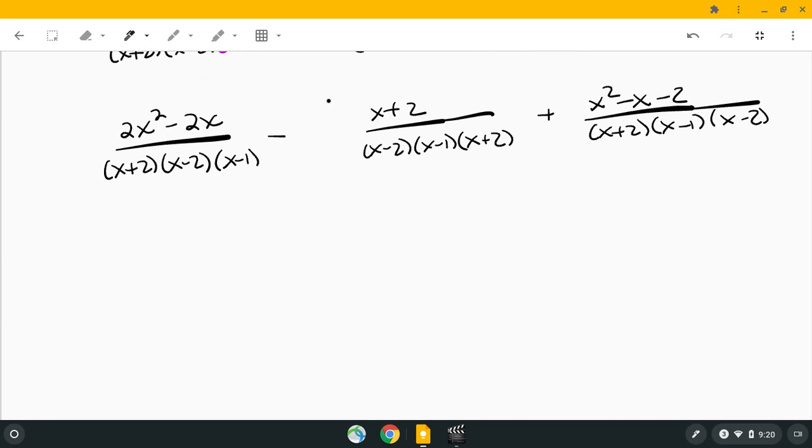All right, so let's go ahead and combine like terms. 2x squared plus x squared. 2x squared plus x squared is 3x squared. Okay, so I got those out of the way. All right, negative 2x minus, so careful with that minus, negative 2x minus x is negative 3x, plus negative 1x is negative 4x.